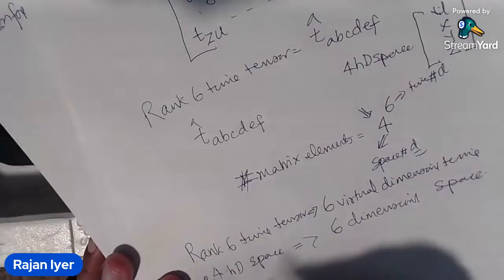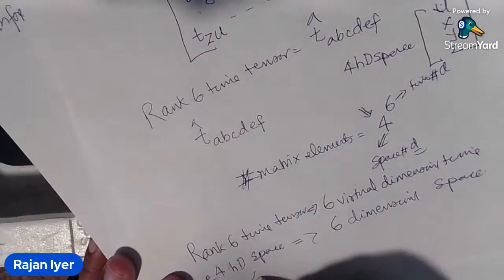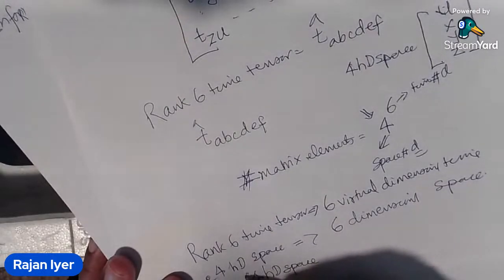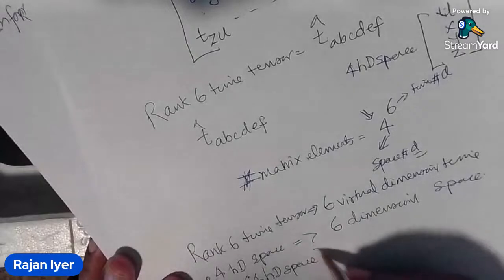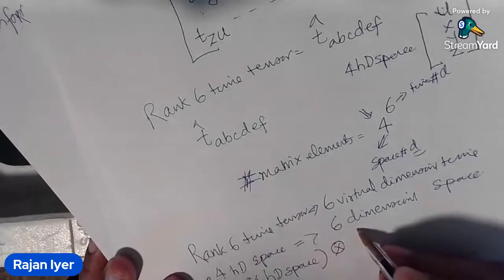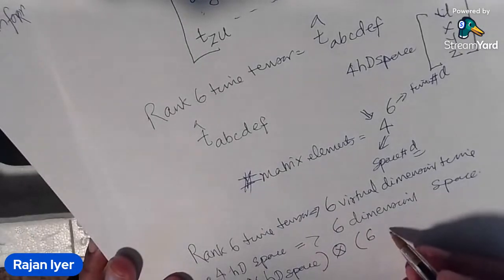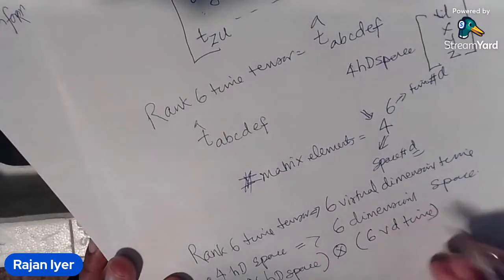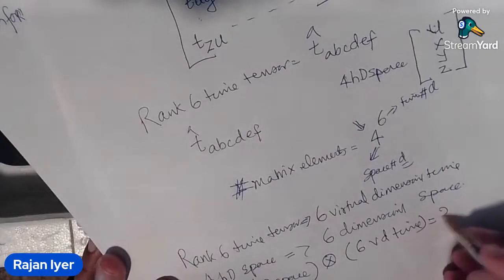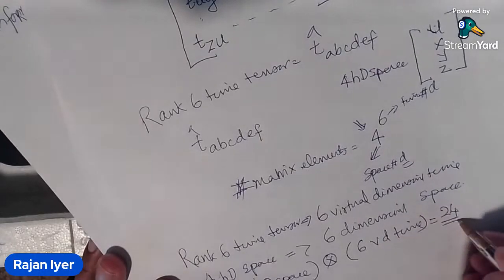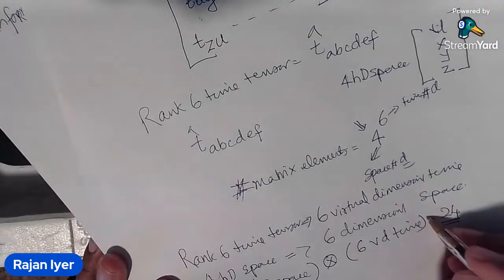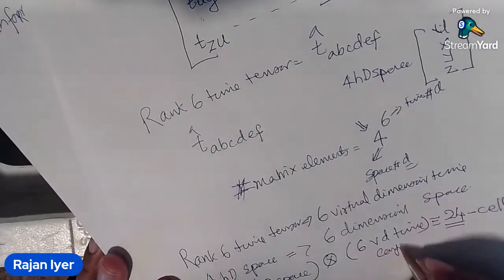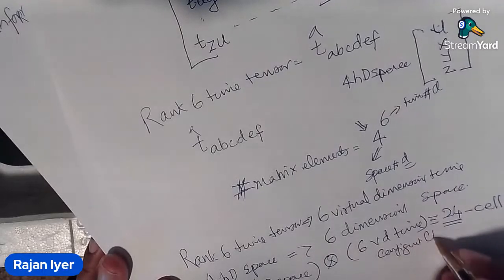What we are saying is that if we multiply the HD space times the 6 virtual dimensional time, then we get 24, and that is equal to a 24 cell configuration of Christopher.